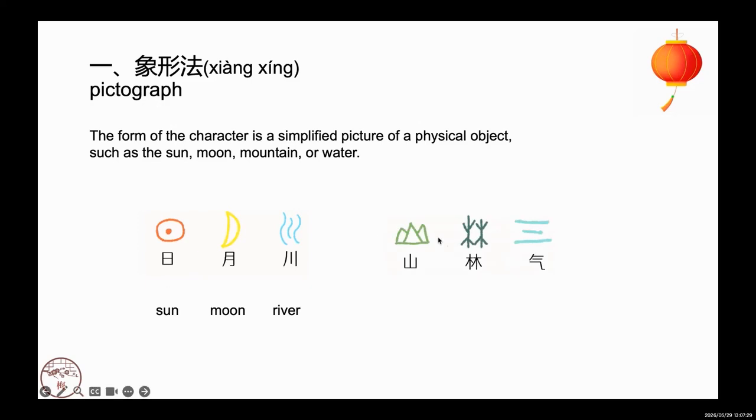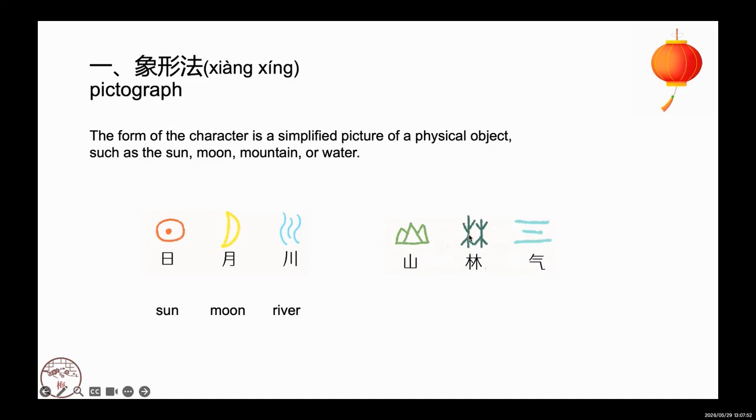The first one, what does it look like? I can tell you it's from the nature, from the wilderness. Yes, it is mountains or hills. How about the second one? What does it look like?